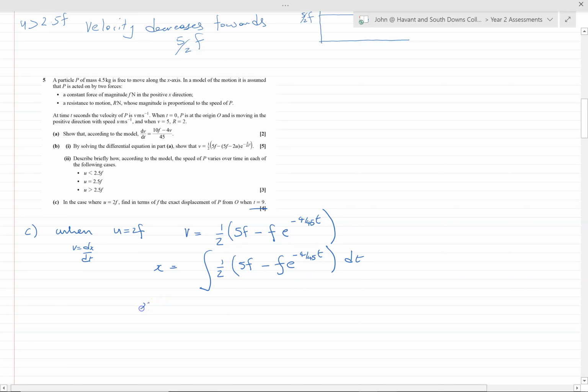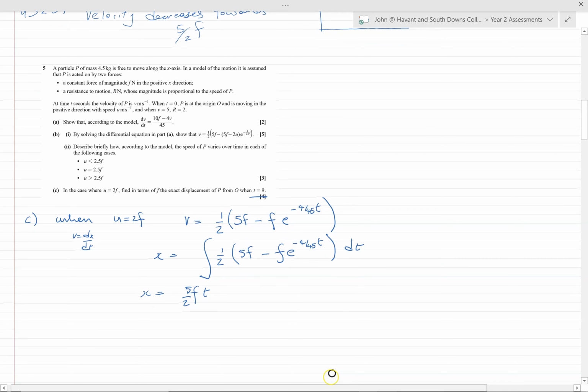So that integrated, well, this is just a constant here, so that's 5 over 2f t. And this we just have to divide by the constant in front of there, so that's divided by minus 4 over 45, which has the effect of changing the sign, and then we've still got a half there, don't forget. So that's going to come to 45 over 8 f e to the minus 4 over 45 t plus c.